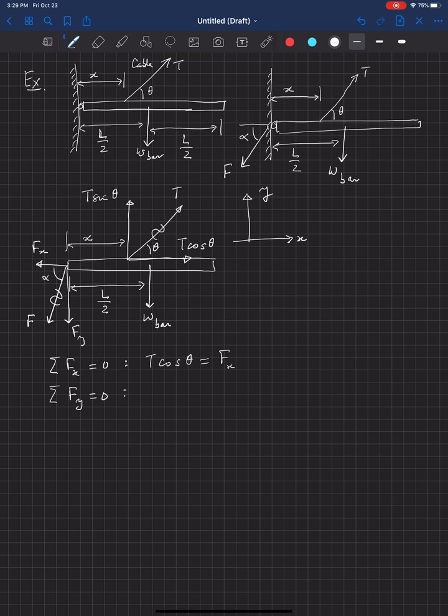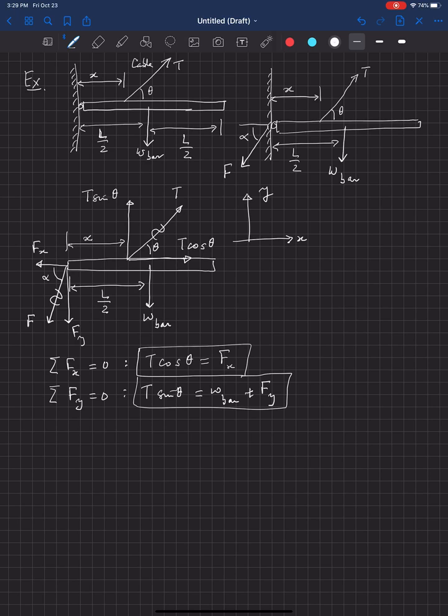So the force going up is T sine theta, and this must equal all the forces which are downwards, which is W bar plus Fy. Okay, so here are two equations from the first condition of equilibrium. But notice that I have three unknowns: the tension and the x and y components of the force. Presumably I know the weight of the bar and I know the angle theta.